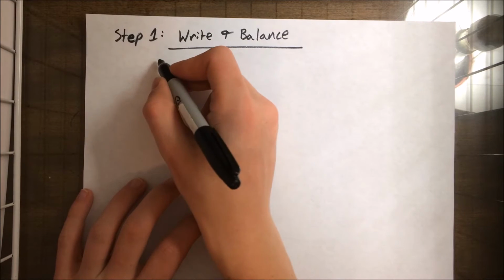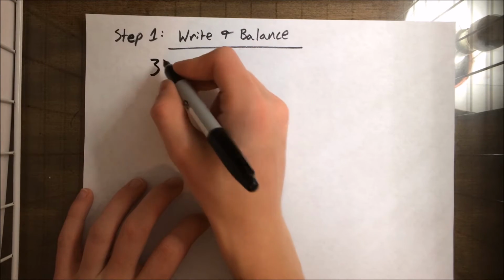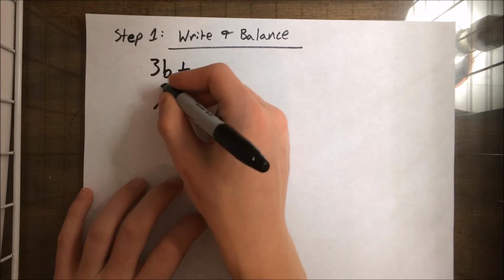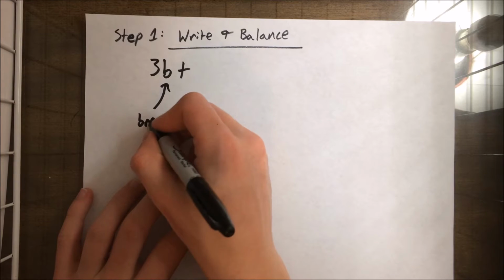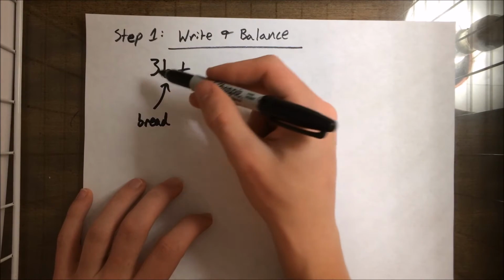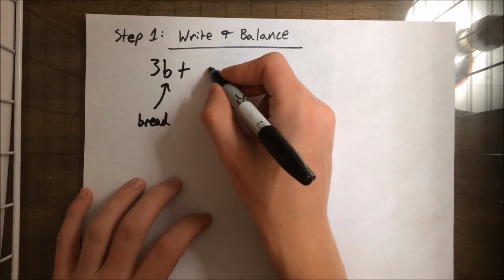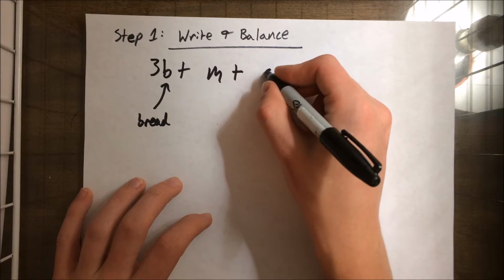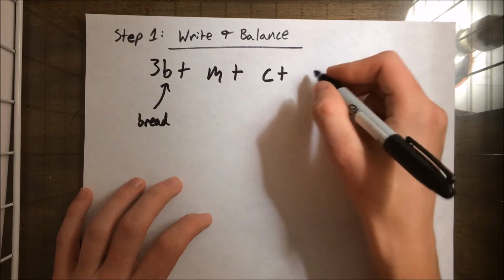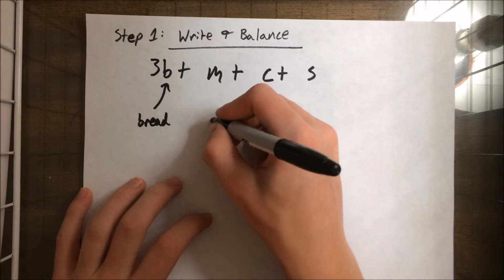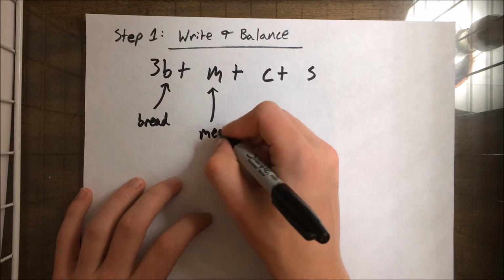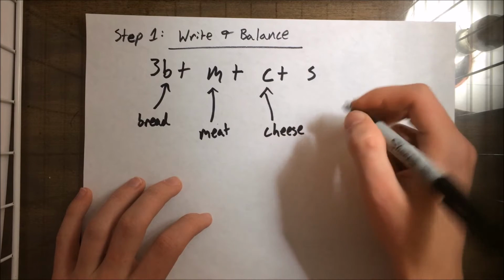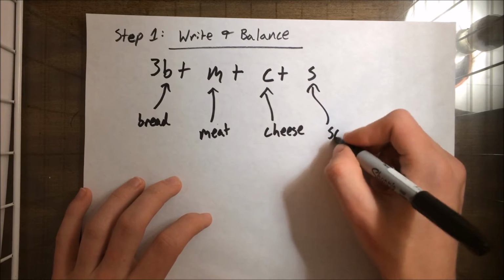So let's do 3 B plus M plus C plus S, where B is for bread, so the 3 is the number of bread we need, M is meat, C is cheese, and S is sauce.